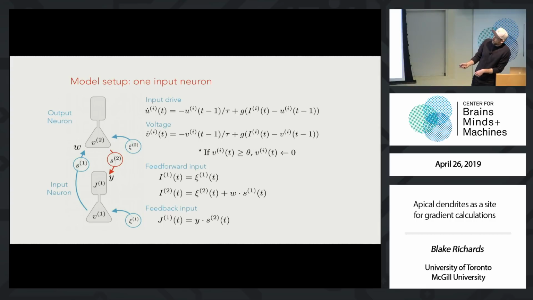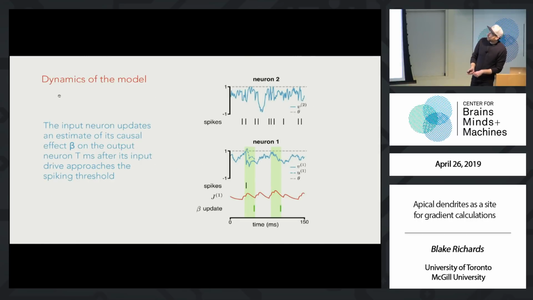Basically, in the first pass, we've got two neurons. These are leaky integrate-and-fire neurons. If they pass threshold, they fire a spike. And we've got a feed-forward synapse that determines neuron 1's impact on neuron 2, and then a feedback synapse. And what we're going to do now is look at what happens.